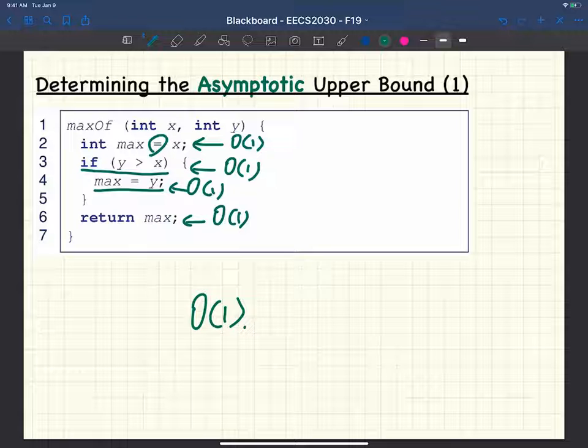What does that mean? It means it doesn't matter what the values are for x and y. This max will always take the same amount of time. It doesn't matter how large x and y are; the running time does not depend on their size.